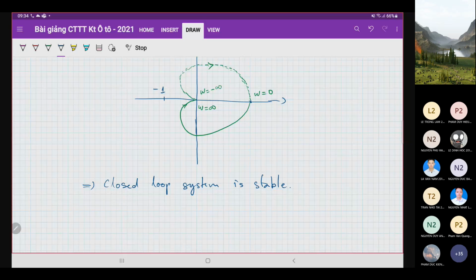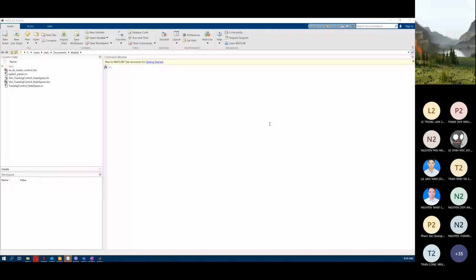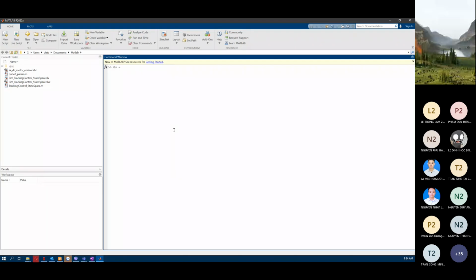I will show you here my MATLAB again, and I will define S equal to tf of S, the transfer function of S. Okay, and we will define T1 equal to 10, T2 equal to, for example, 20.